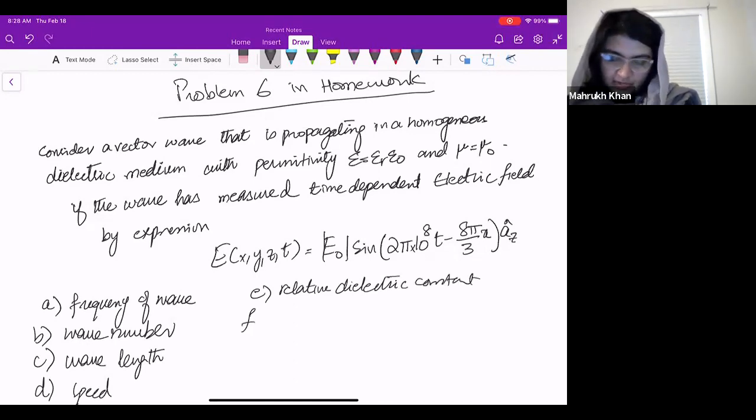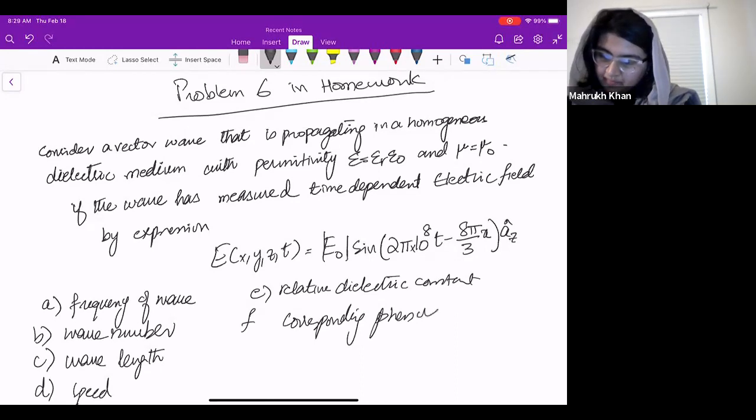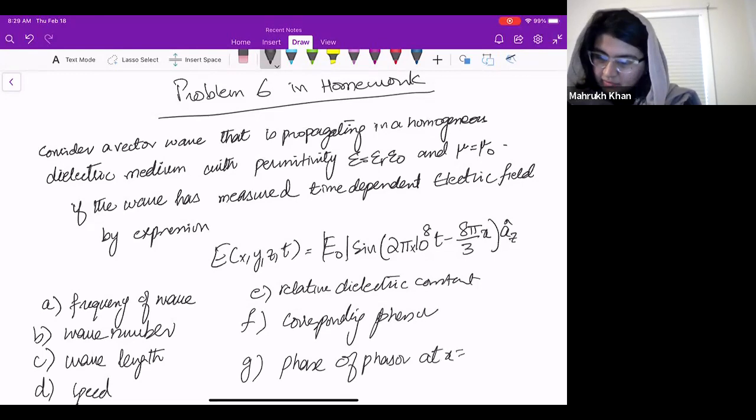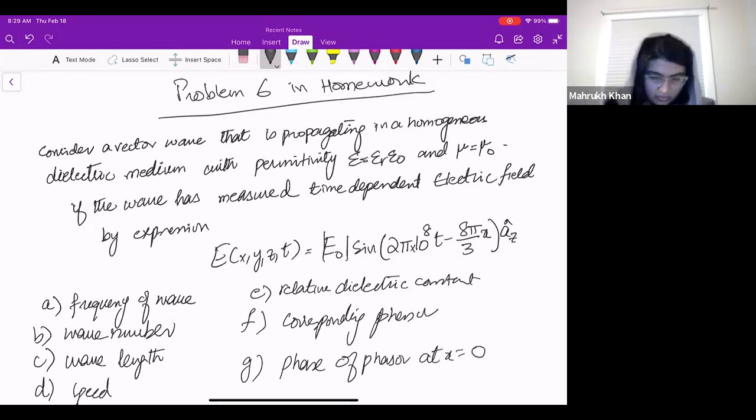We need to find corresponding phasor. And we need to find phase of the phasor at x is equals to 0. Yes, so we need to find these things and we will start.